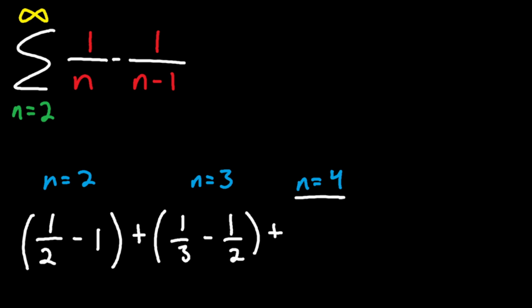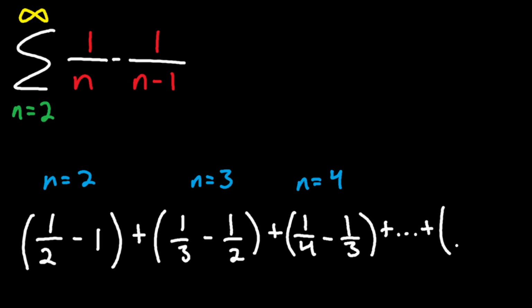When n is equal to 4, we have 1 over 4 minus 1 over 3. And dot, dot, dot, plus, with the general formula, 1 over n minus 1 over n minus 1. This just continues on and on for whatever n value we choose.